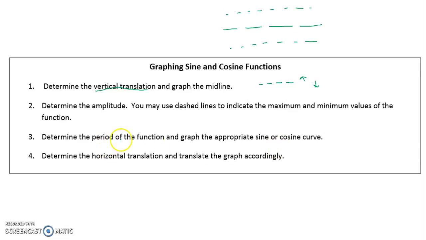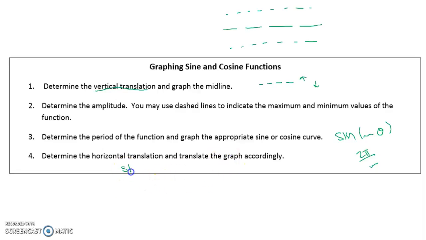I'm going to determine my period. Typically it's 2 pi, but if I have sine or cosine of some number times theta, then I'm going to do 2 pi divided by whatever that number was to find my new period. And I need to determine my horizontal shift and translate the graph accordingly.